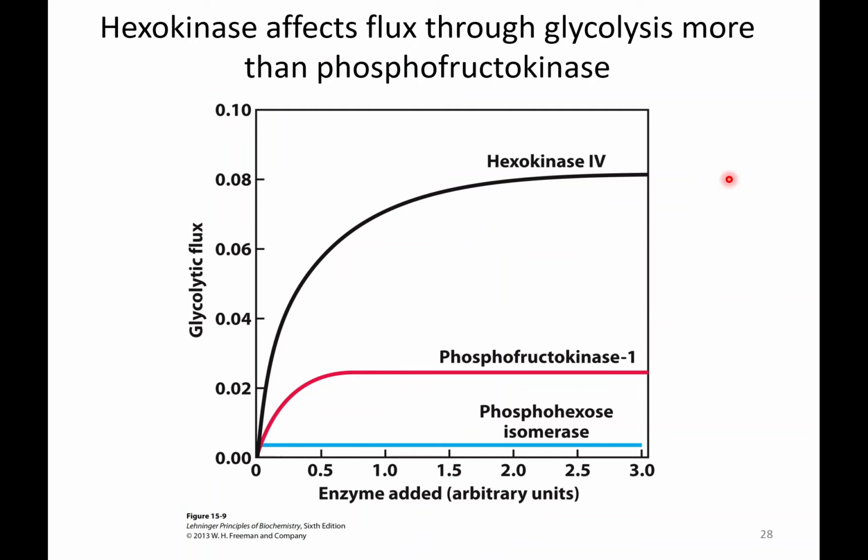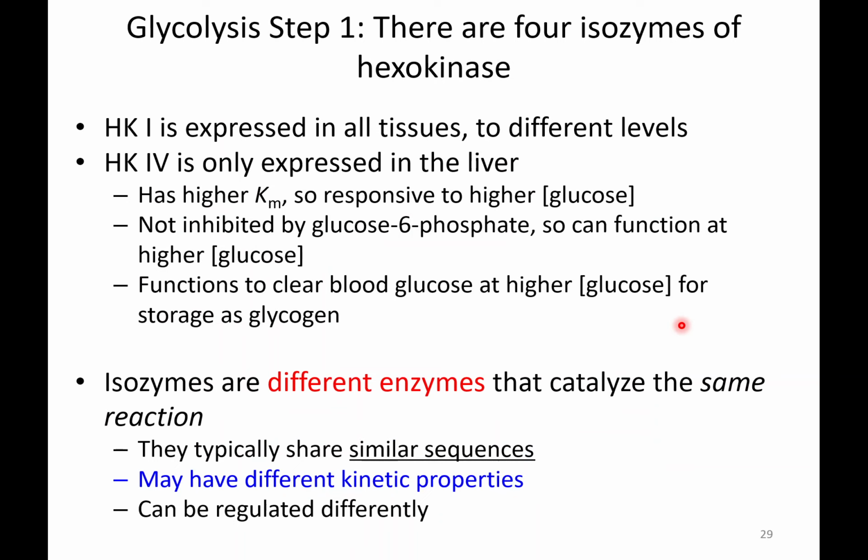We've seen in this lecture already how hexokinase affects the flux through glycolysis. That's the first step in glycolysis, and hexokinase really has a big effect on the flux through that whole pathway, even more so than PFK1 does. There are 4 what are known as isozymes of hexokinase.